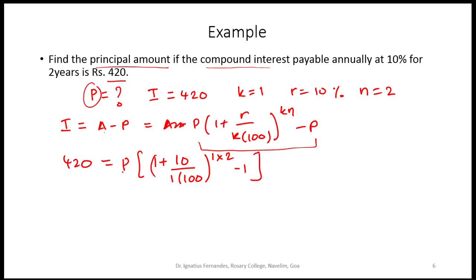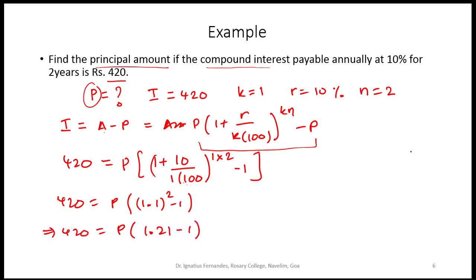Okay, so what we have is 420 is equal to P into, this is 10 upon 100 which is 0.1 plus 1. So I have 1.1 raised to 2 minus 1, or 420 is equal to P into 1.1 square is 1.21 minus 1 as it is.